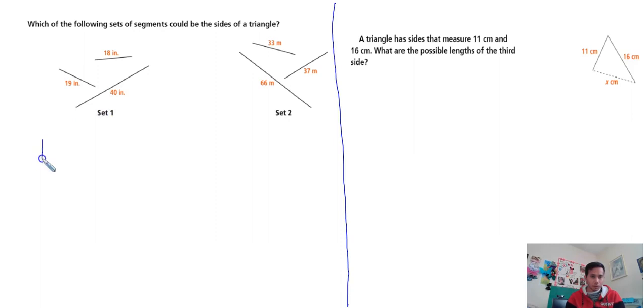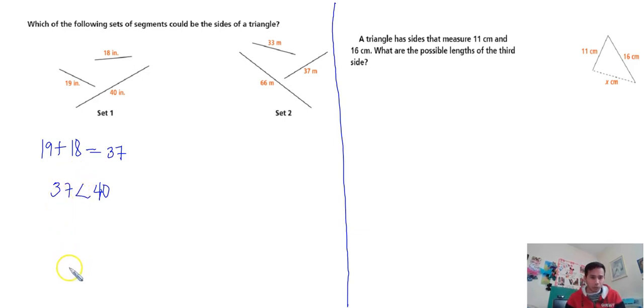If I'm going to add 19 plus 18, that will give me 37, which is less than 40. Okay, so the segments in set 1 cannot form a triangle. I'll repeat, it cannot form a triangle based on the theorem. So we're applying theorem 5-11.